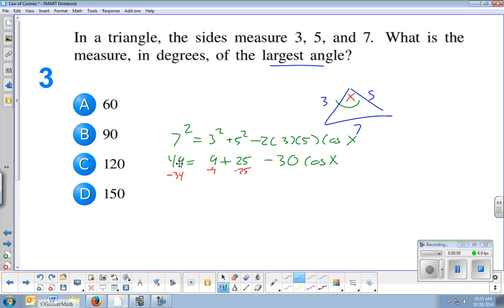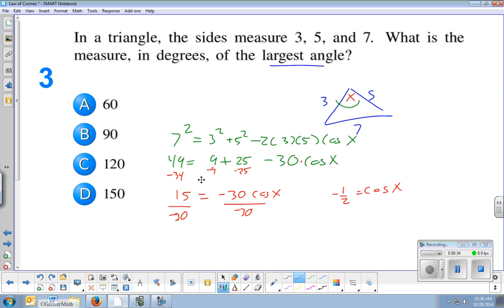And 49 minus 34, what is that? 15? Right? Yeah, 15 equals negative 30 cos X. And divide out that negative 30. Remember, I can't add 30 because this is being multiplied here. So divide by negative 30. 15 divided by negative 30 is the same thing as negative 1/2 equals cos X.